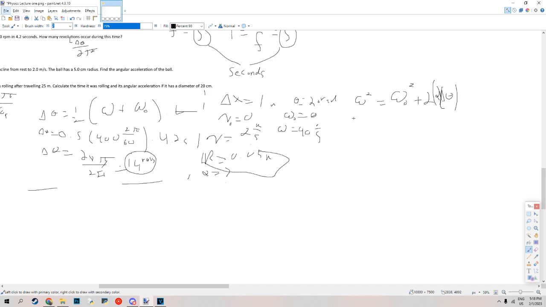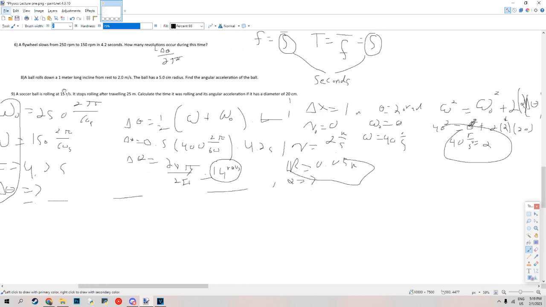So you have 40 squared equals 0 squared plus 2 by alpha by theta. Theta is 20. So now we just need to isolate this variable. 2 times 20 is 40, so alpha is equal to 40 squared over 40, which is 40 radians per second squared. And that was number 8.